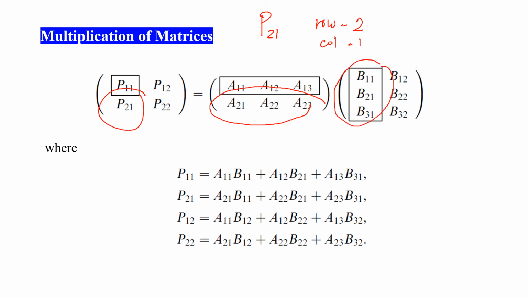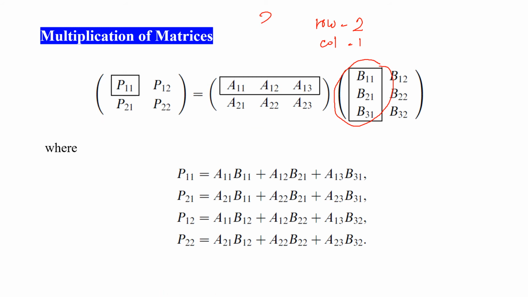Your P21 is equal to A21 times B11, and A22 times B21, and A23 times B31. Thus your P21 is equal to A21 times B11 plus A22 times B21 plus A23 times B31.